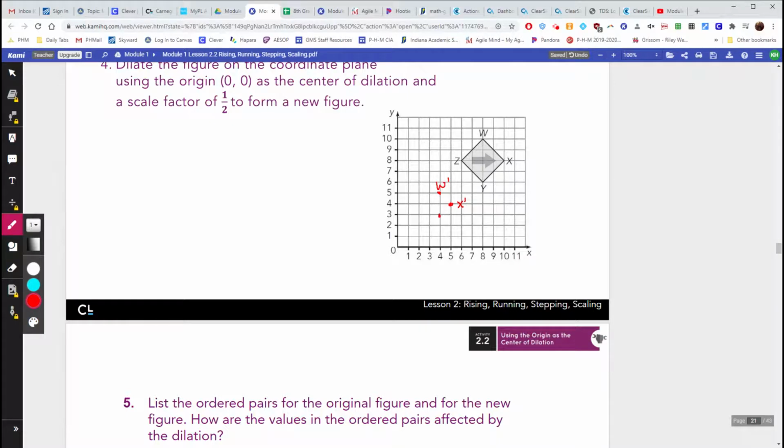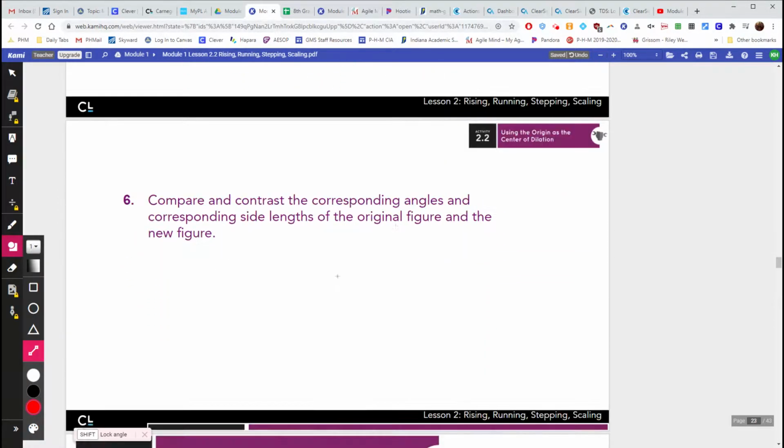And then Z prime was at 3, 4. And we'll put in the sides here. We'll just connect them so we can get a better idea of what's going on. And there's that shape. I know my side lengths don't look ideal, but it's a reduction of the original one. I'm not going to put the arrow in there, just the general rhombus here. It's a reduction.